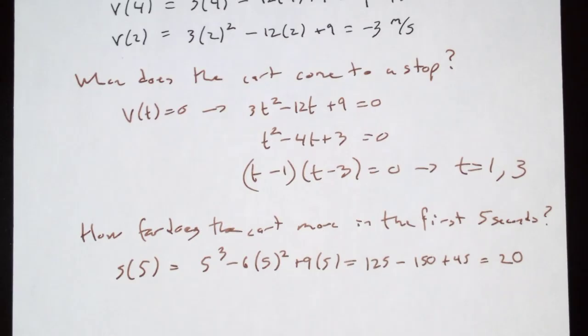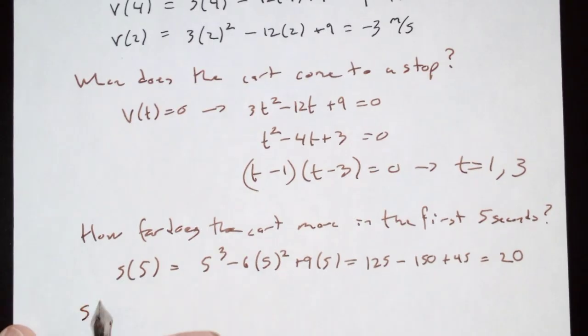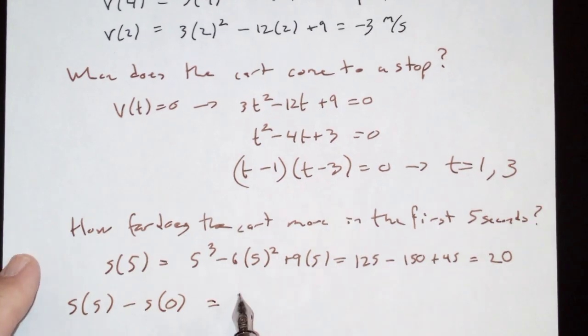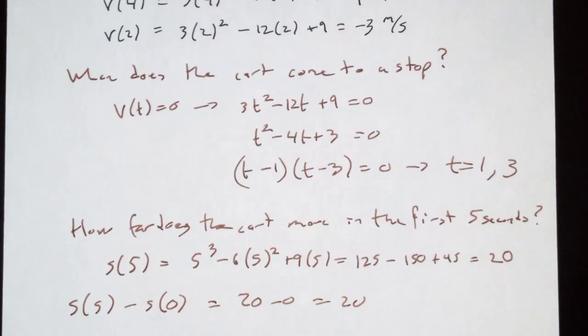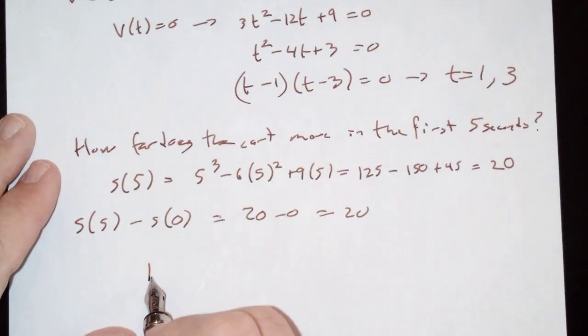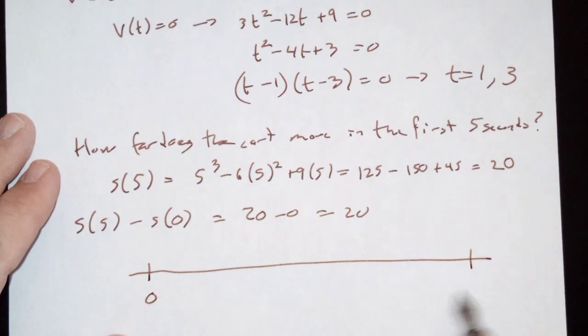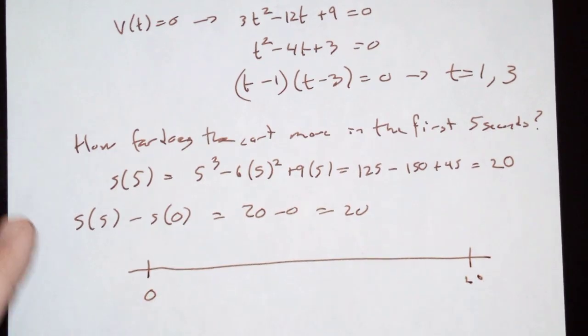There's just one problem. If I do s of 5 minus s of 0, s of 0 happens to be 0. All that tells me is that I started here and ended here.